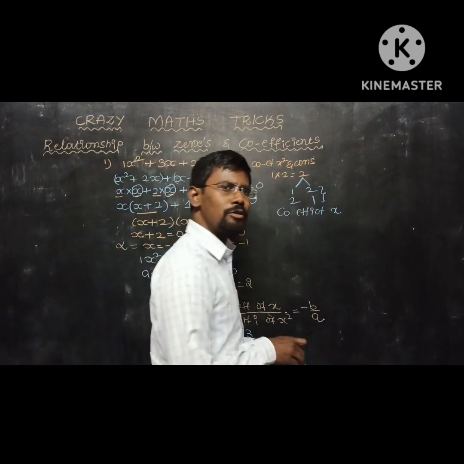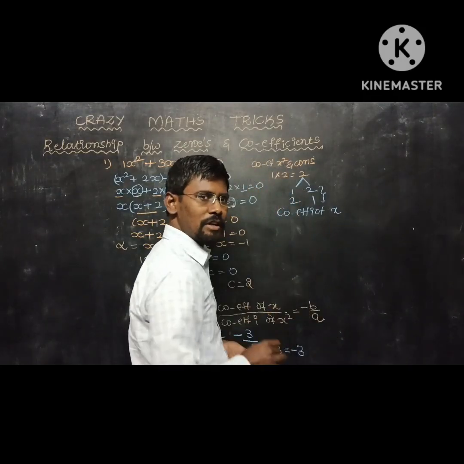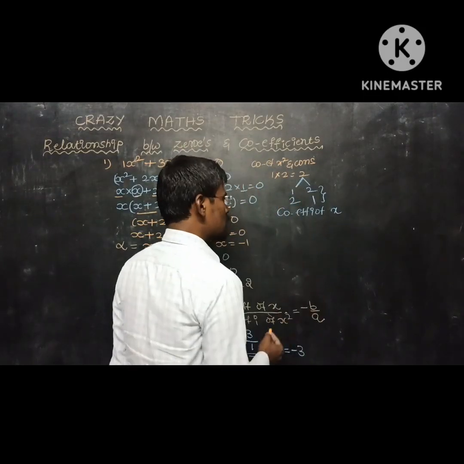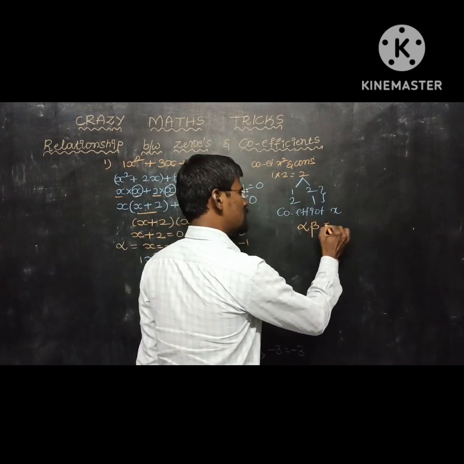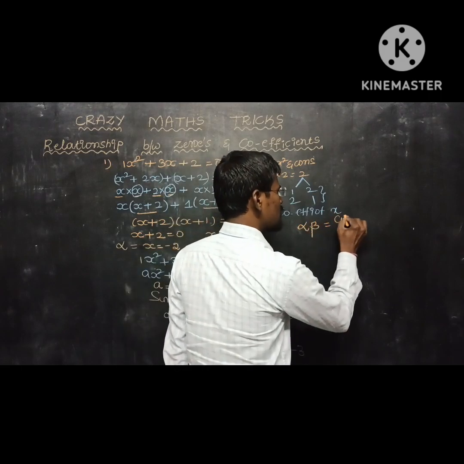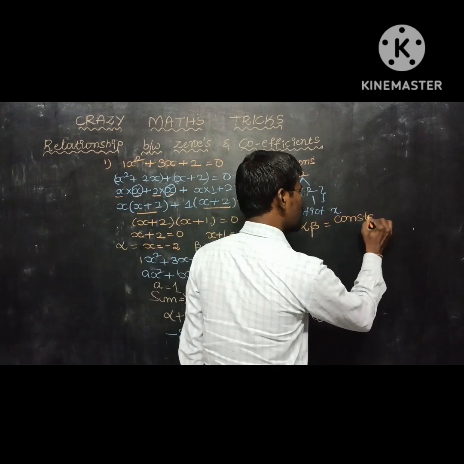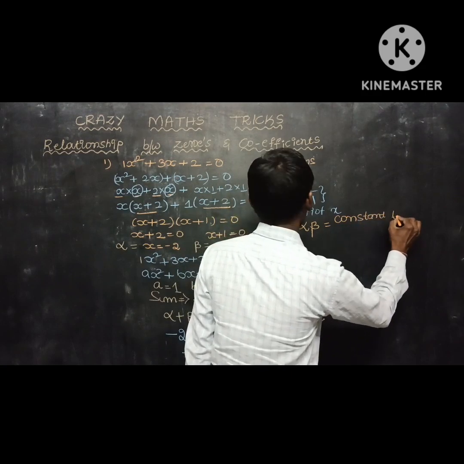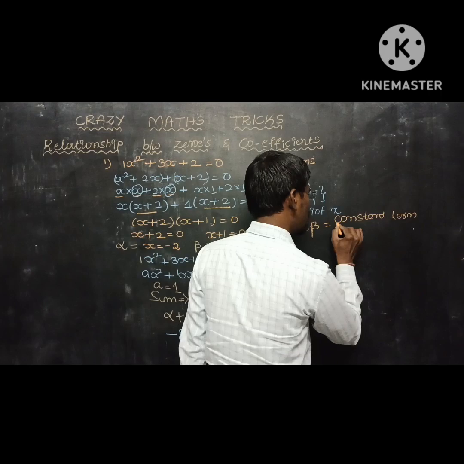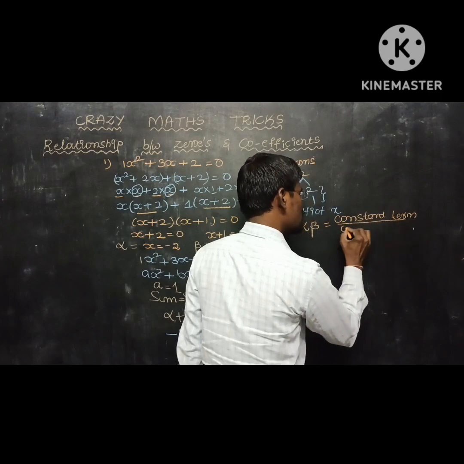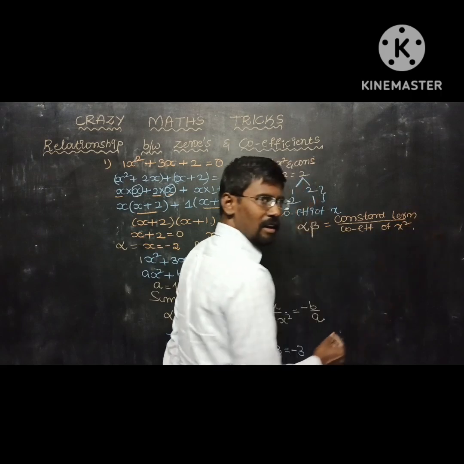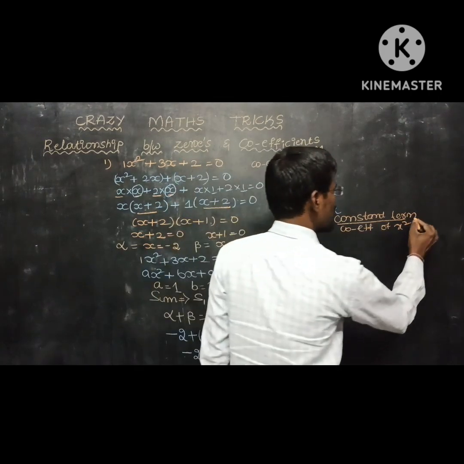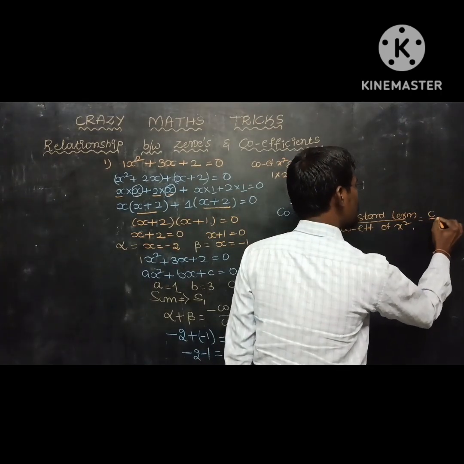Now we are going to do the product of zeros. What product of zeros relationship did we state? Alpha beta equals, we discussed, constant term by coefficient of x square. What can the students say here? Generally they can remember the general form is c by a.